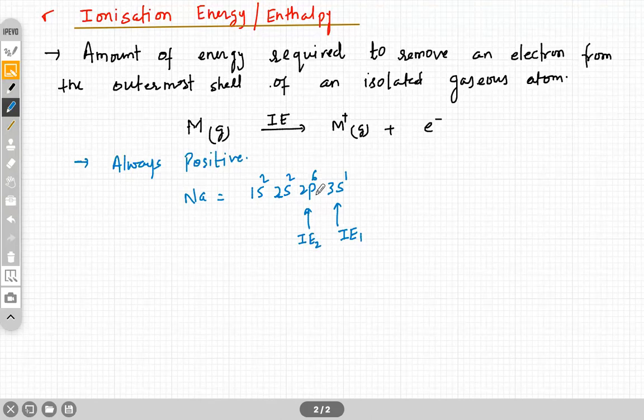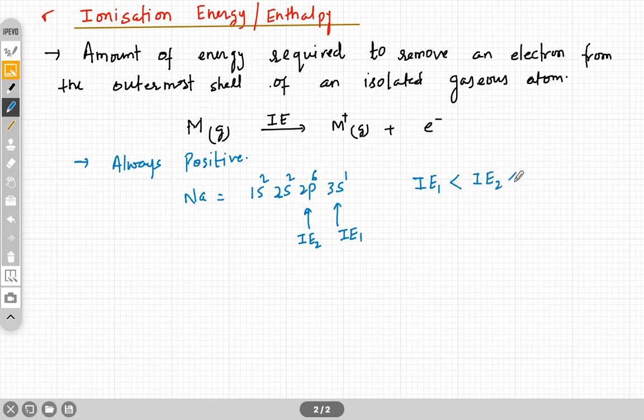Okay. So as you see, the successive ionization energy or enthalpy increases as we go in this direction. We are going towards the nucleus, closer to the nucleus. It is difficult to remove an electron. Then for any atom we'll write the successive ionization energy in this order.